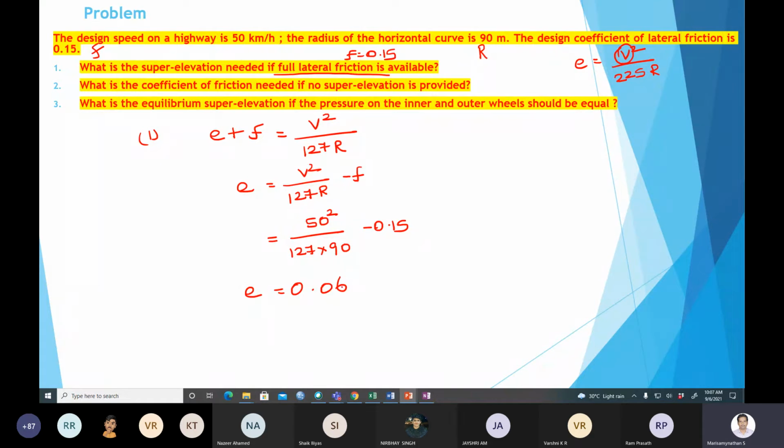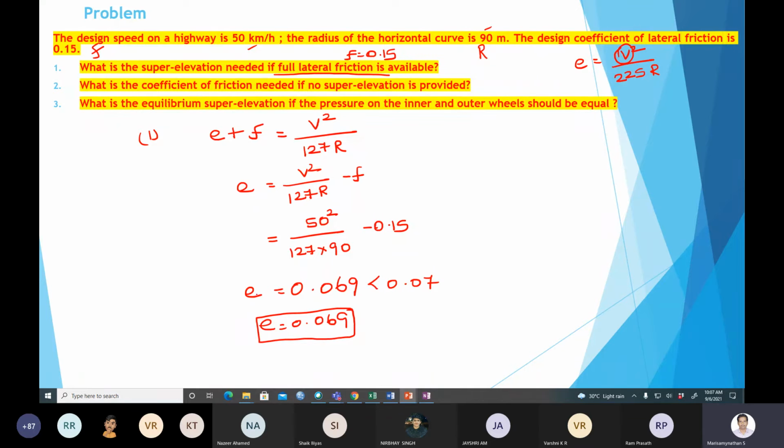I am just assuming 0.069, and the standard value is 0.07, so it is less than 0.07. Okay. So we can finalize the super elevation as 0.069 when we are considering that full lateral friction is available in the highway for the design speed of 50 km per hour and the radius of 90 meter.